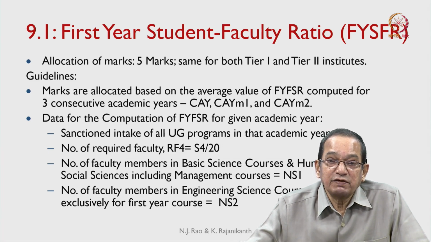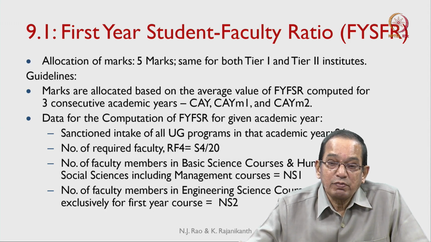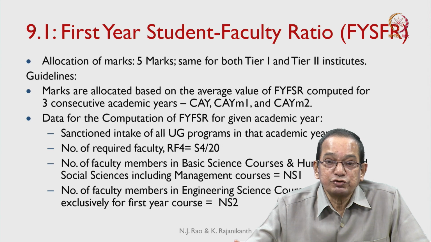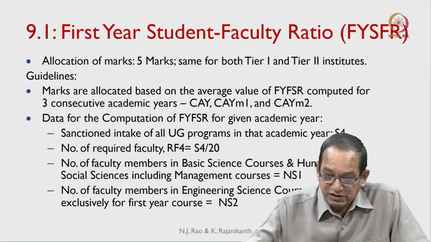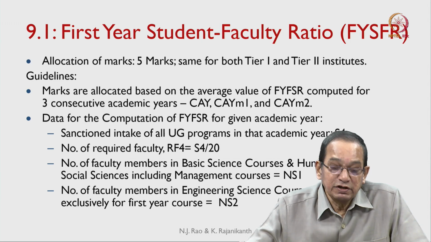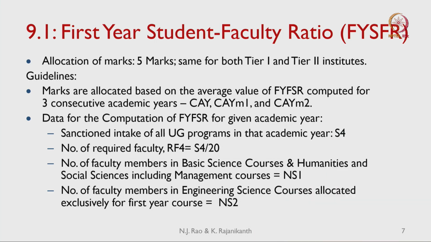Now, if a faculty member from an engineering department is allocated exclusively for the first year courses, because there is enough workload usually, then those faculty members are counted here. So, number of faculty members in engineering science courses allocated exclusively for first year courses, let us call that as NS2. So, we have number of required faculty RF4, then basic science, humanities and social sciences NS1, then engineering science courses NS2.